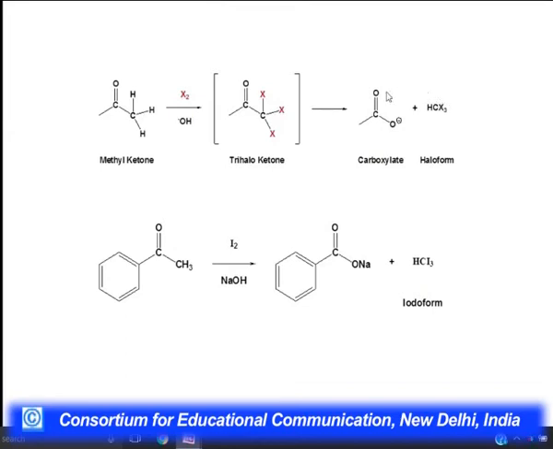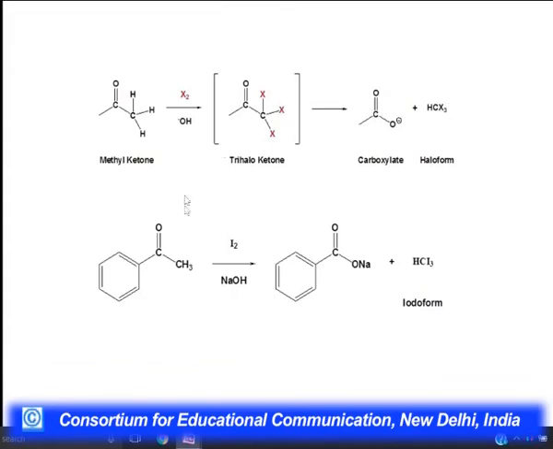So this was the general reaction we've observed. We'll quickly revise it. When we do the reaction with excess halogen, all the hydrogens are replaced with halogen, converting this into a trihalo ketone, and this trihalo group is a good leaving group. It is cleaved off with the help of OH negative, resulting in the formation of a carboxylate ion and a haloform.